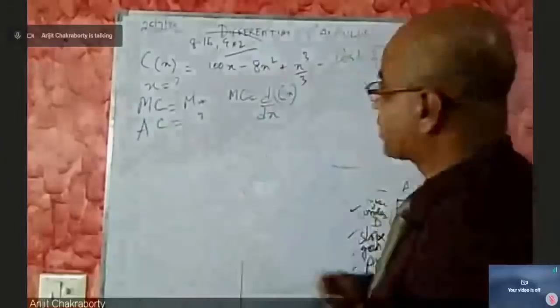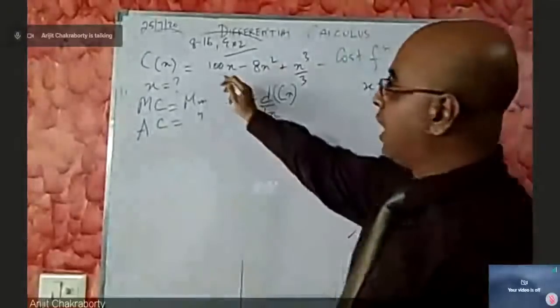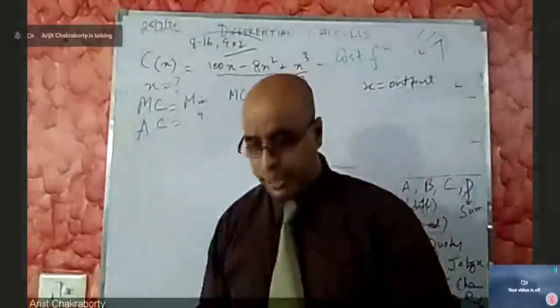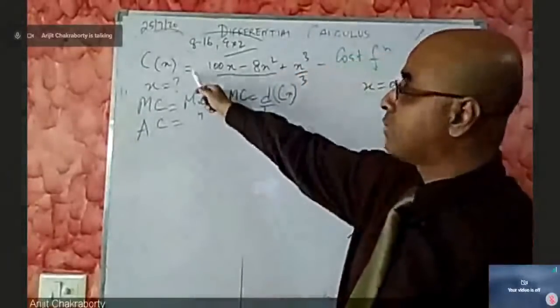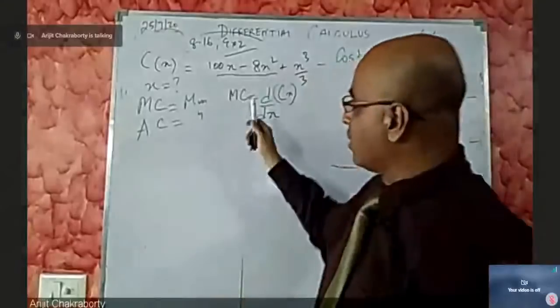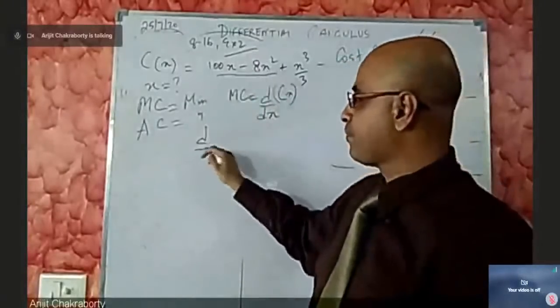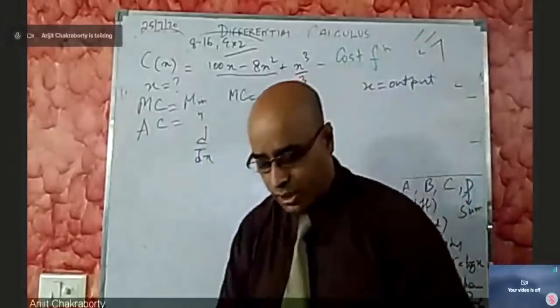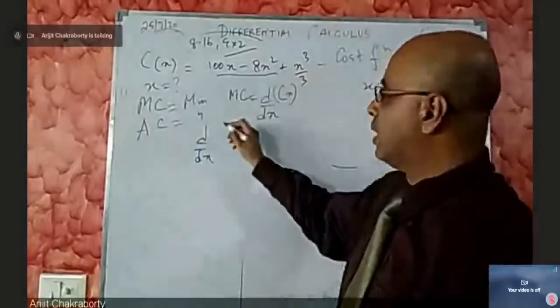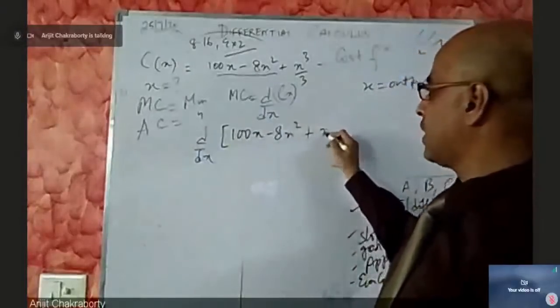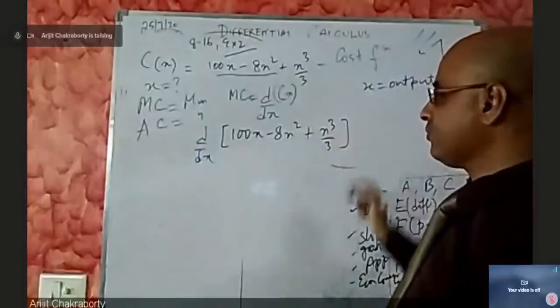Therefore, let's see what happens here. So 100x minus 8x square plus x cubed by 3. This is my total cost equation, so I will find the derivative of this equation. d/dx of the given equation 100x minus 8x square plus x cubed by 3.